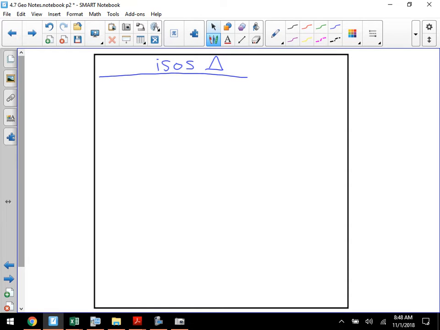Isosceles triangle: if you've got the two sides congruent, then you have the base angles congruent.